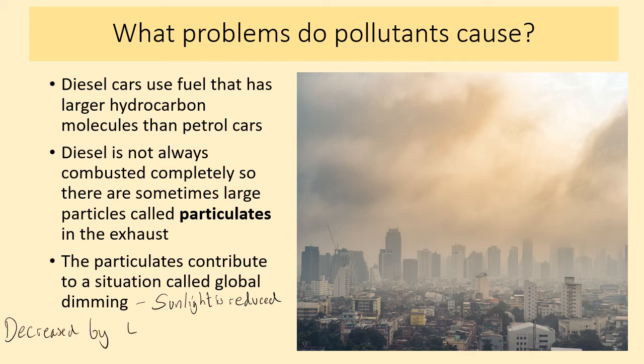This is particularly bad because we need the sunlight for photosynthesis, for plants to help take up some of that carbon. You can see in the picture here we've got an example of global dimming. The large numbers of particulates in the atmosphere contribute to this smog effect, which makes places darker and stops as much sunlight getting through.